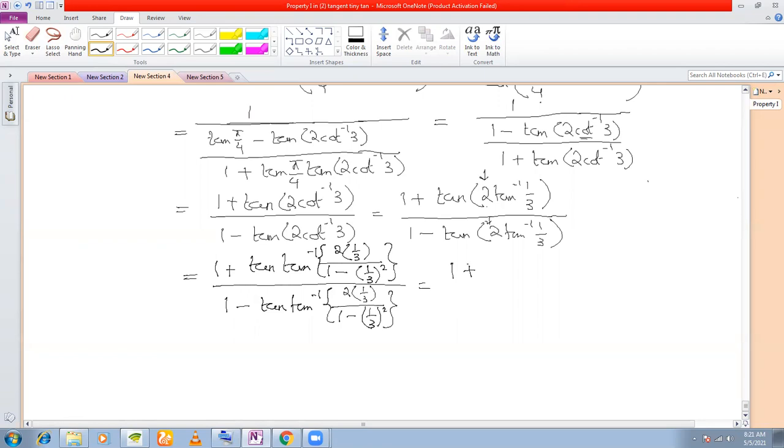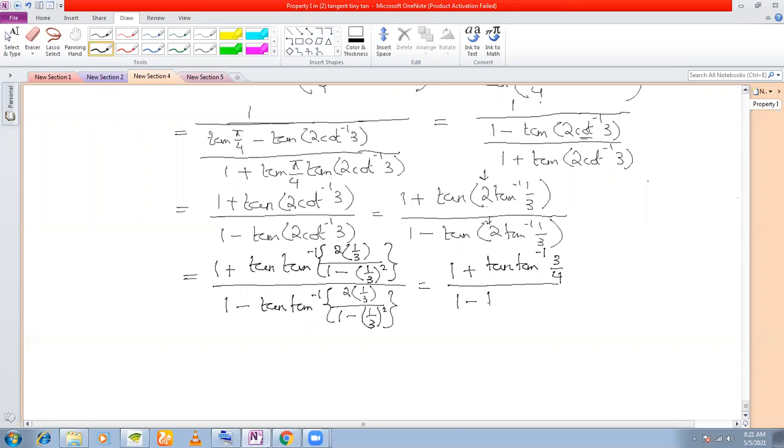You will get 1 plus tan of tan inverse 3 by 4. If you simplify the fraction in the curly brackets in the numerator, that is what you're going to get.